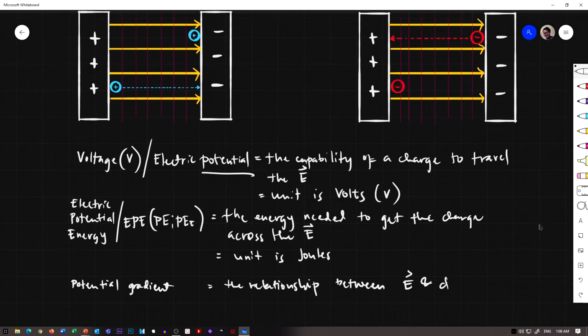Then equipotential lines. Lastly, so these are lines that define the potential gradient.